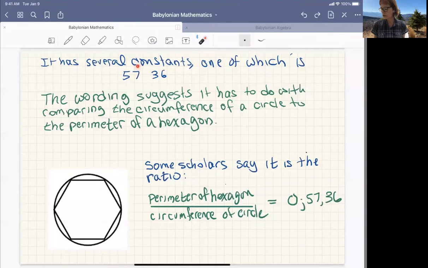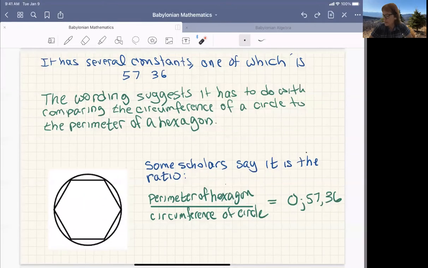Remember, we're working in base 60, and so they used so-called digits of 1 to 59. So 57 is a base 60 digit, and 36 is another base 60 digit.